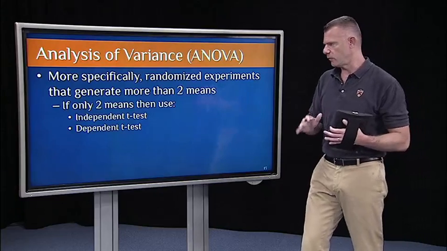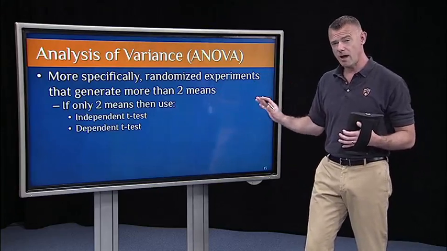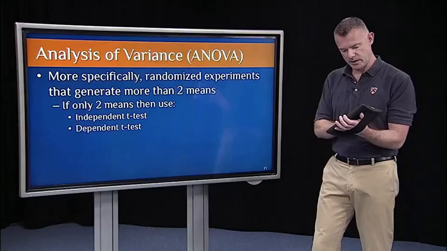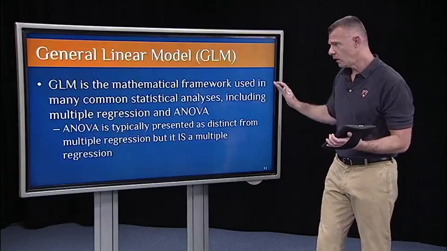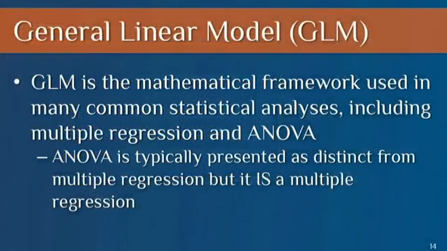Again, I just wanted to pause before we went into that to demonstrate that the general linear model accommodates all of these kinds of analyses. So to sum up this segment, again, the GLM is just the underlying mathematical framework that we're using, not only for multiple regression, but also going forward for things like ANOVA and factorial ANOVA and t-tests.